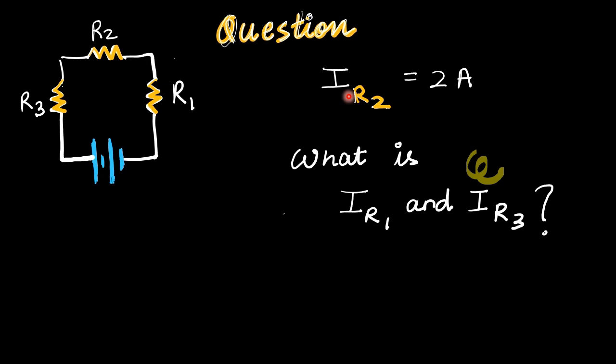And the information is that the first resistor has the highest resistance, while the third has the lowest resistance, right? So if you know that R1 is greater than R2 and R2 is greater than R3, and if you also know that IR2 is equal to 2 amperes, can you find out the current flowing through R3 and R1?